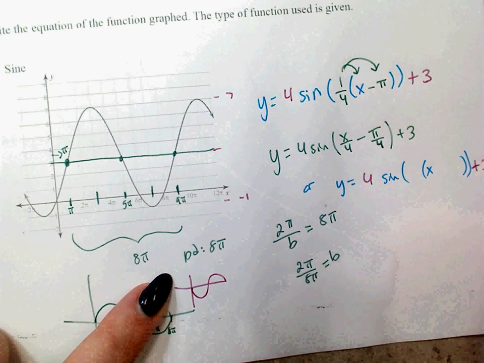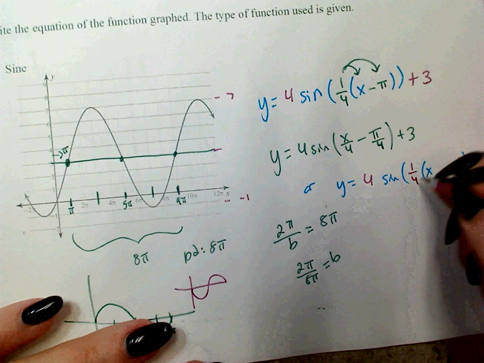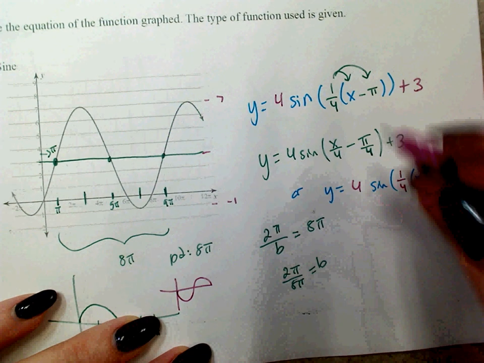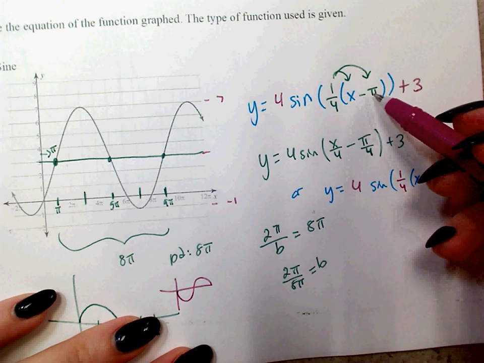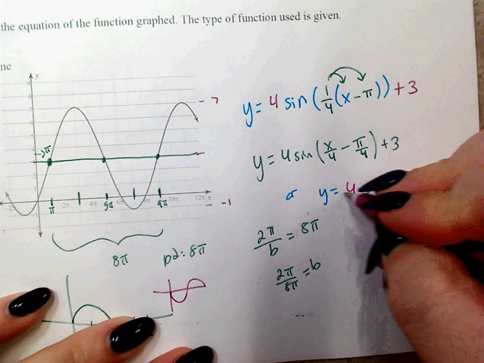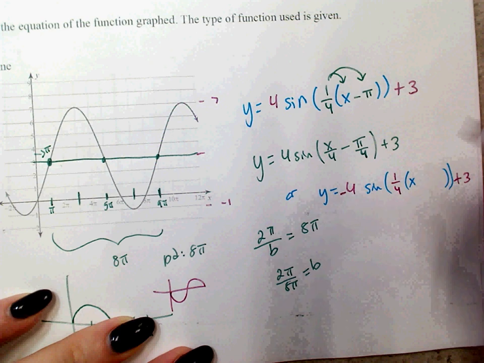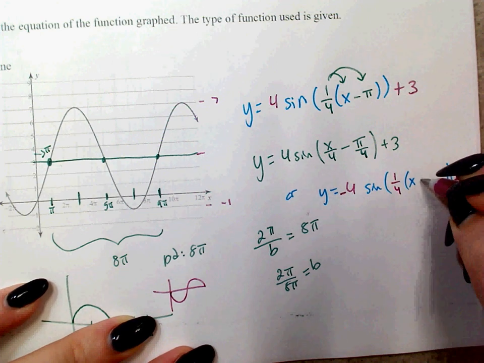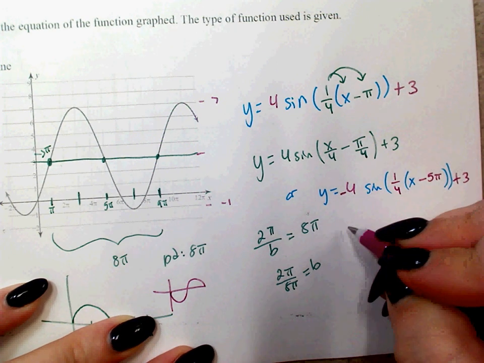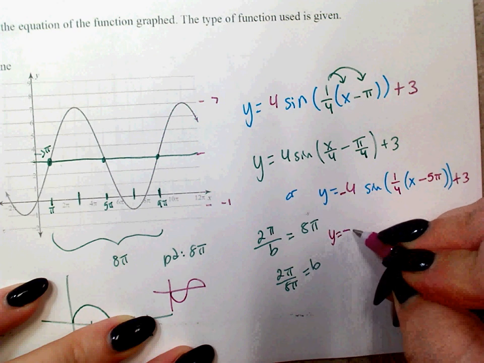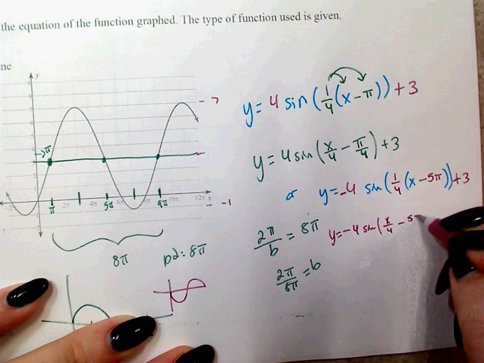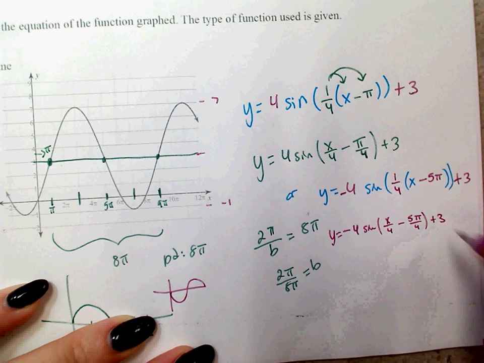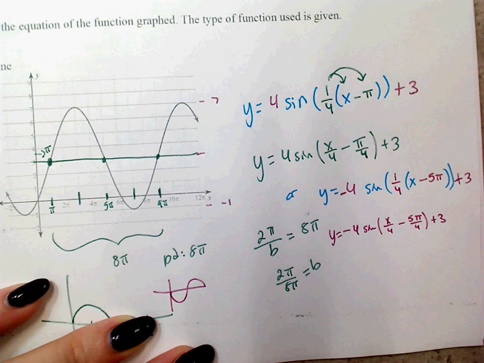The period also doesn't change, so that's still 1/4. But instead of saying to the right pi, I could say a negative sine wave to the right 5 pi, so minus 5 pi. And so y equals -4 sine of x divided by 4 minus 5 pi over 4 plus 3 would also work. So these are just options.